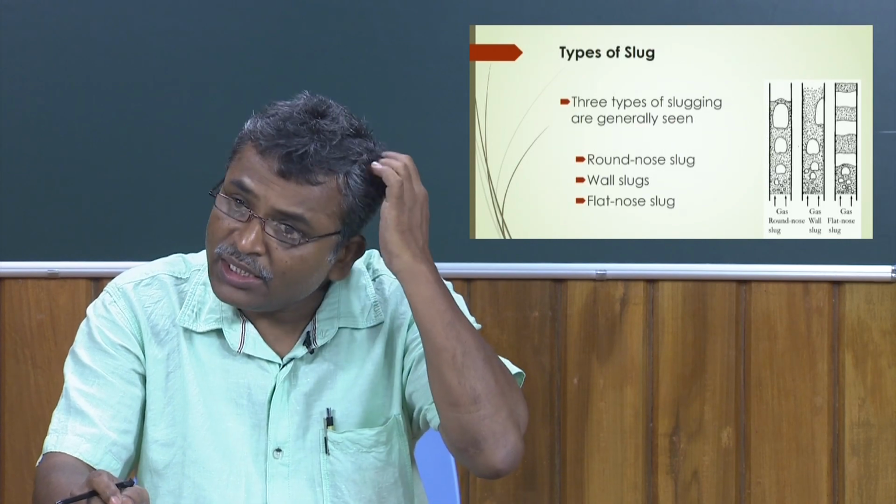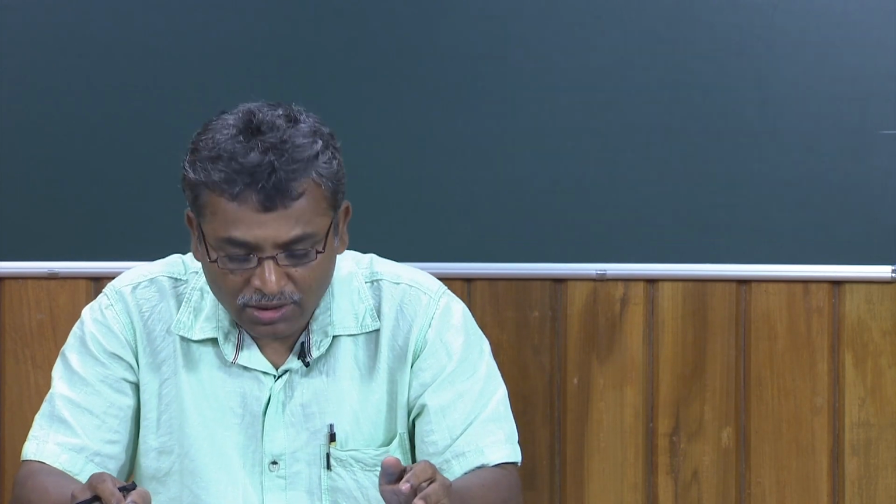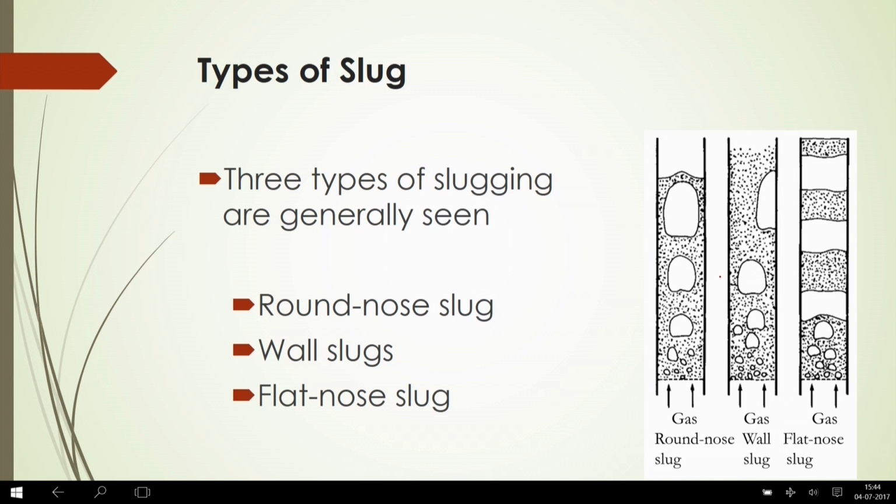Based on the flow rate, this slugging phenomenon will be there, and there will be different types of slugging that form in the fluidized bed. Generally 3 types of slugging are seen.